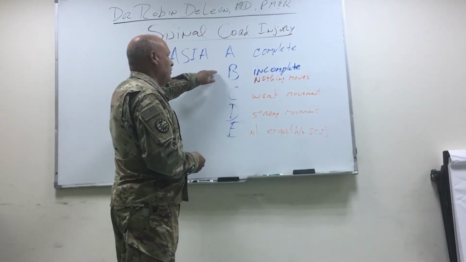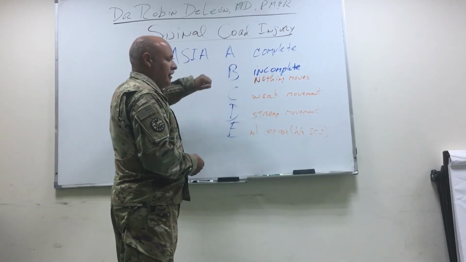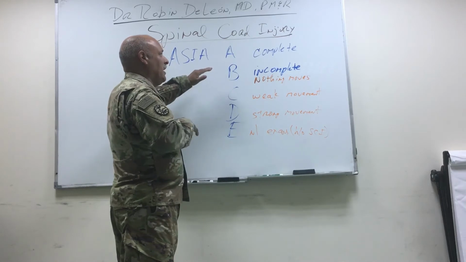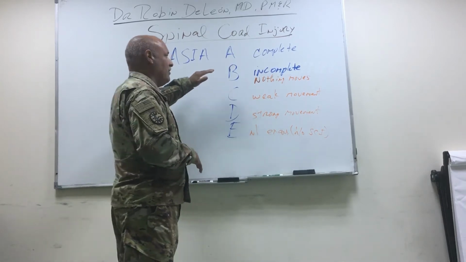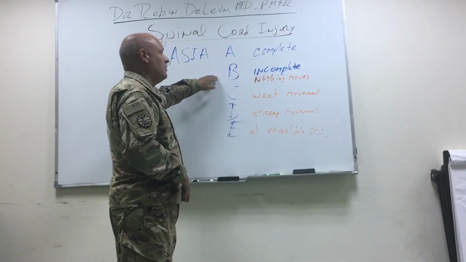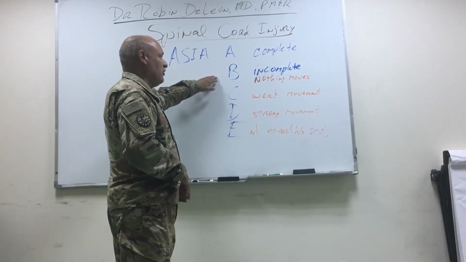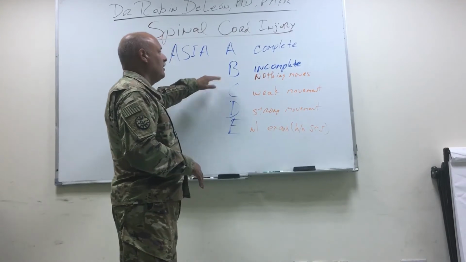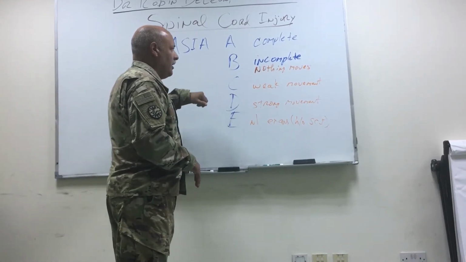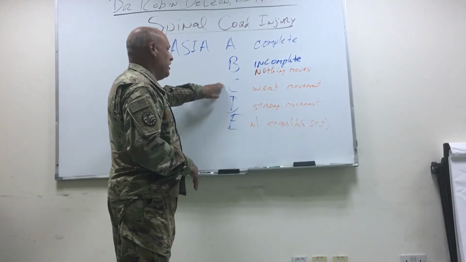And then I mark down where that becomes complete. That can be where it starts becoming abnormal, and then past this point it's complete. Versus incomplete, something's getting through, I can feel something around my rectum. So it's incomplete, but below the level of injury, none of my muscles are moving.